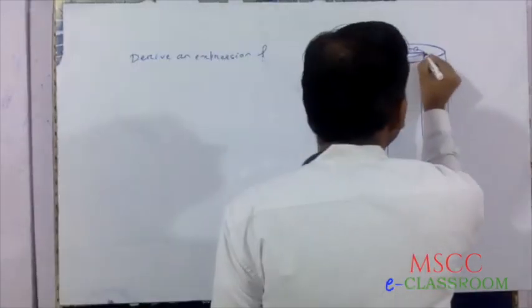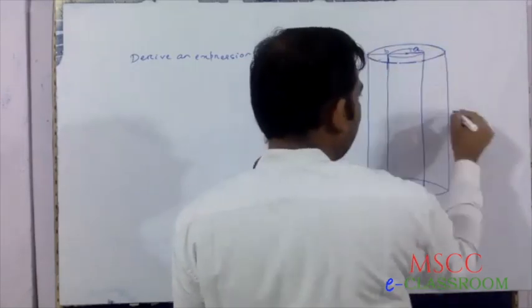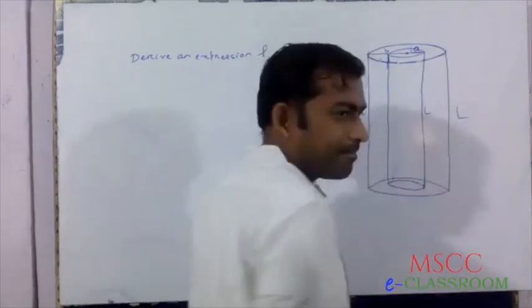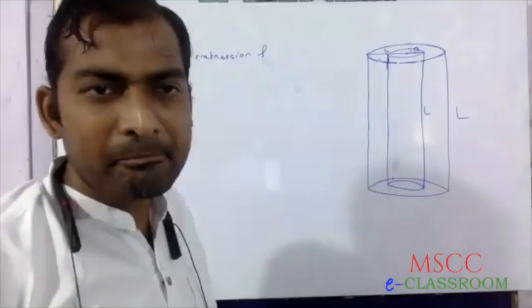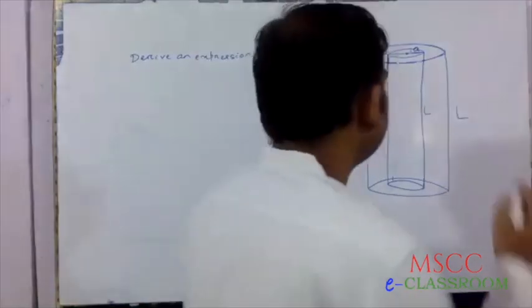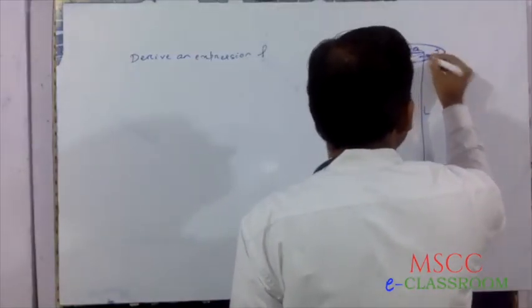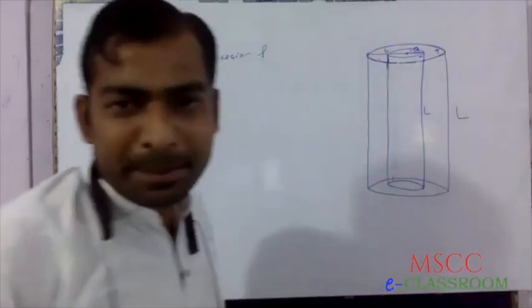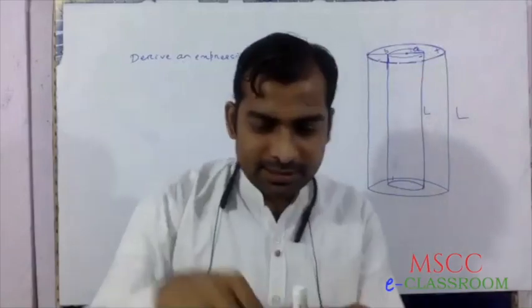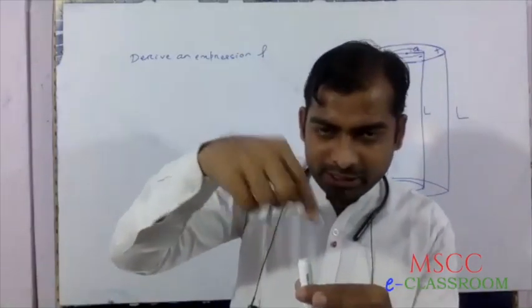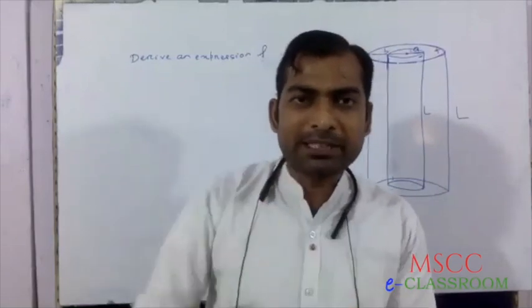This is a, the inner radius, this is b, and the length is L. This is positive, this is negative. A capacitor has two plates: this is a plate, the inner cylinder, and this is also a plate, the outer plate.